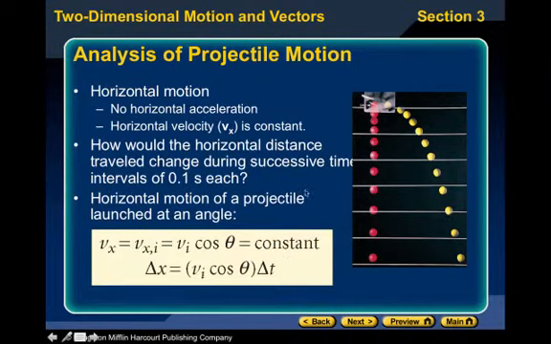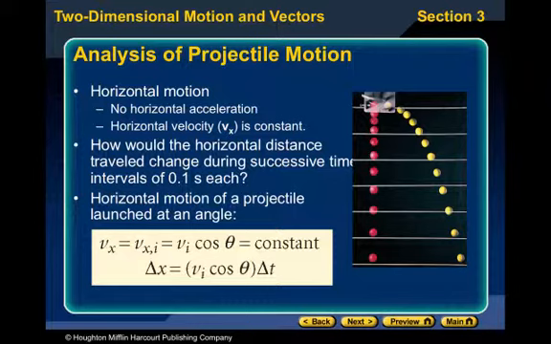Okay, horizontal. So let's look at each motion. So we have an x motion and we have a y motion, right? X motion. Is there any force moving that object after she leaves the ground, or after the ball left that apparatus? Is there any force acting on it in the horizontal direction?